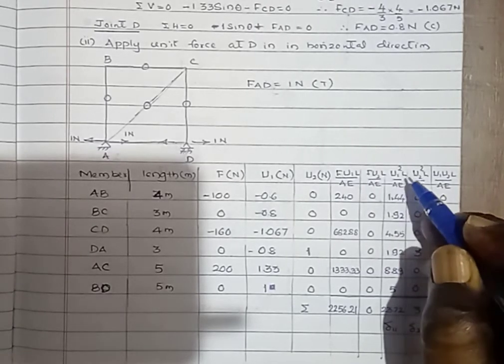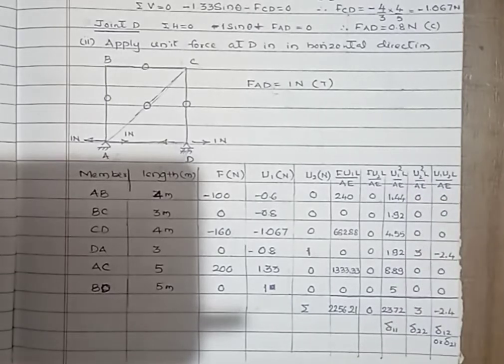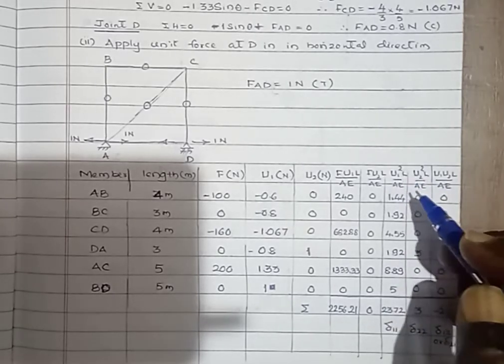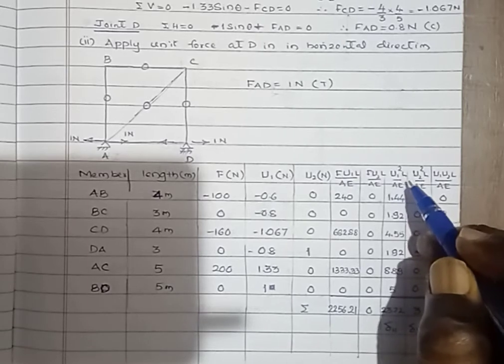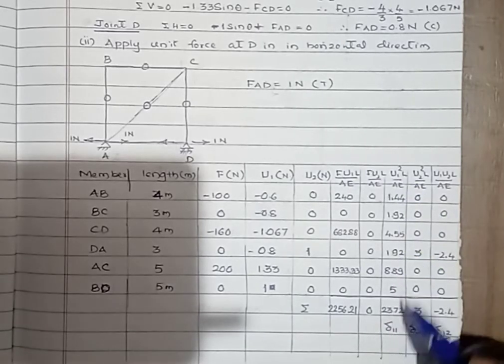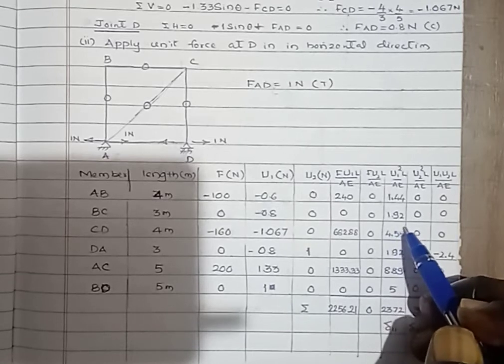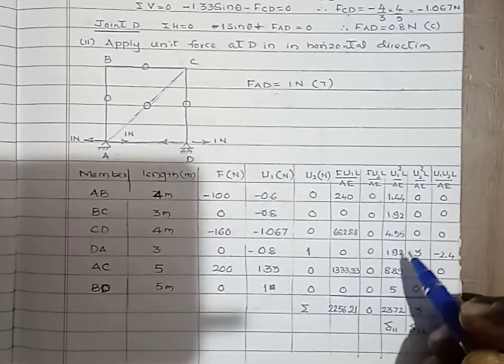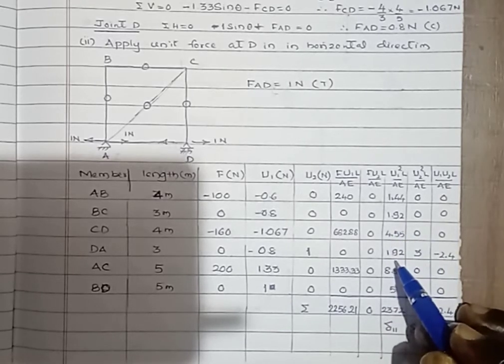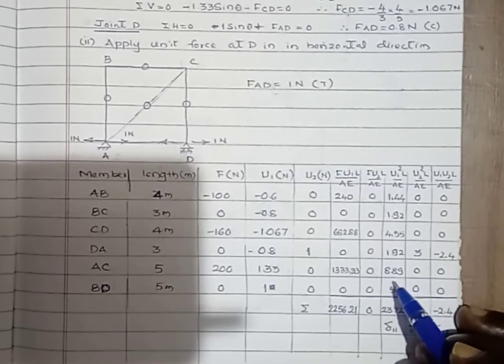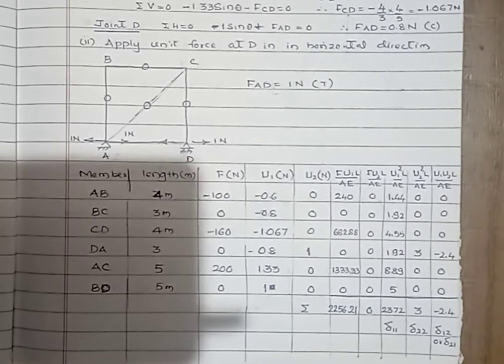Then to get the displacement due to the unit load along the redundants, we compute U1 square L by AE. Here for the first member it is 1.44, second member 1.92, third member 4.55, fifth member 1.92, for the next member 8.89, and for the last member 5.